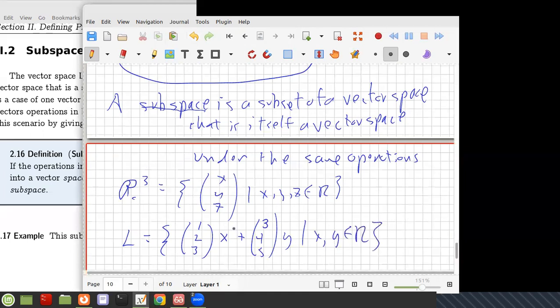You can see that this is not all the vectors in here, but it's going to have a lot of them. It's going to turn out that this is a subspace, and also a vector space. And it looks like the solution set of a homogeneous linear system. So when we talk about subspaces, that's going to correlate with solution sets of homogeneous linear systems.